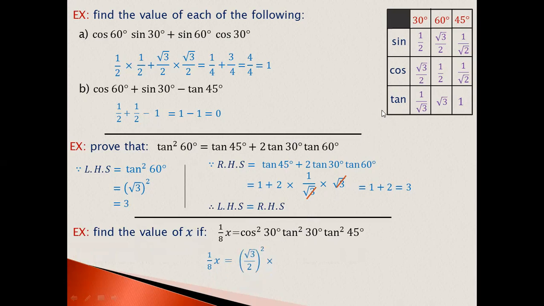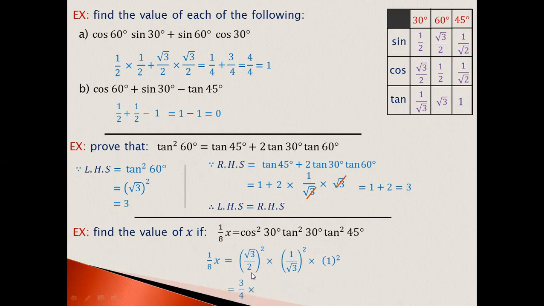We know that tan 30 equals 1 over root 3. That means tan squared 30 equals 1 over root 3 square times tan squared 45. We know that tan 45 equals 1. That means tan squared 45 equals 1 power 2.